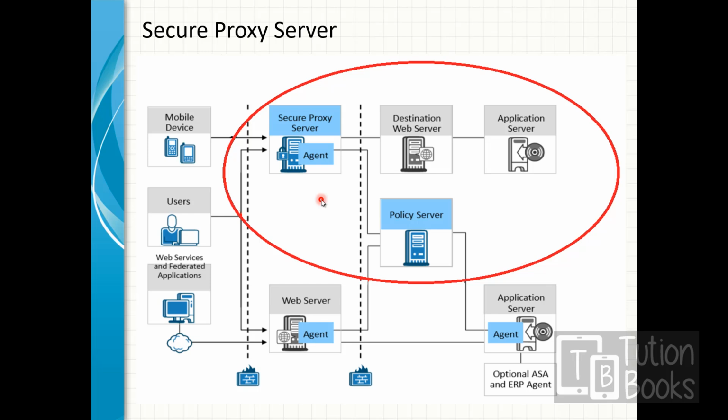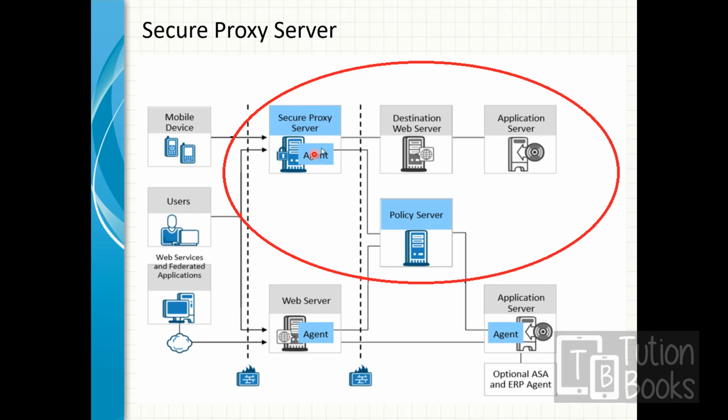So what I do is add a proxy server in front of my web server, and I proxy all my requests from the web proxy server to my destination web server. In that case, I will directly put my agent on my secure proxy server instead of putting my agent on the destination web server. When the request comes to access my resource, instead of going directly to my destination web server, it will go to my secure proxy server.